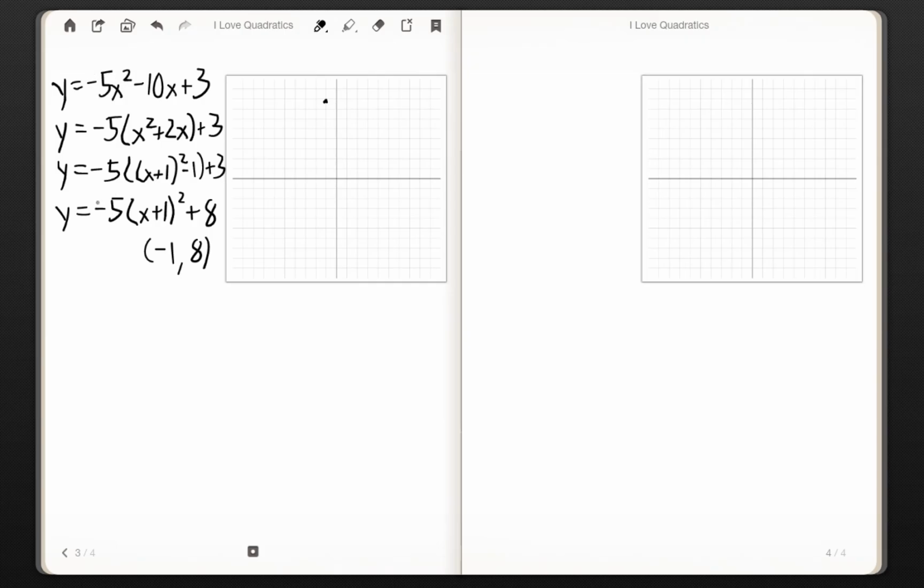It's negative, and we know that if the leading coefficient is negative, the graph, instead of opening upward, is going to open downward. So if it's opening downward and starting at this vertex, then eventually it has to cross the x-axis on both ends. So because of that, we know that there are two roots.